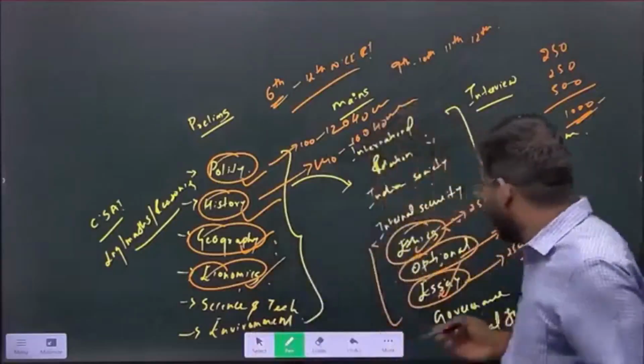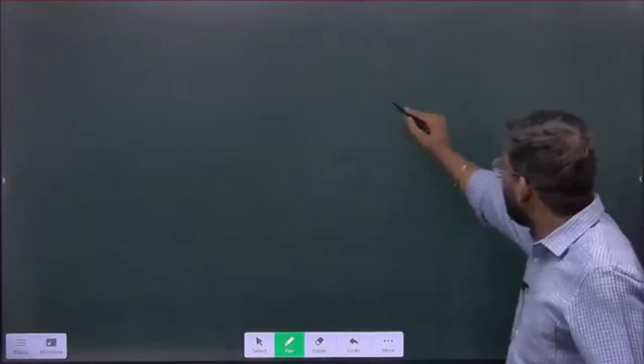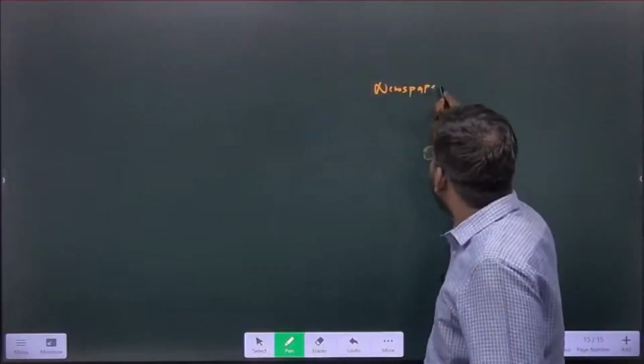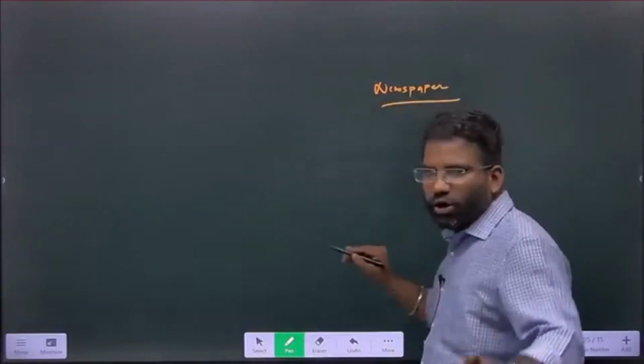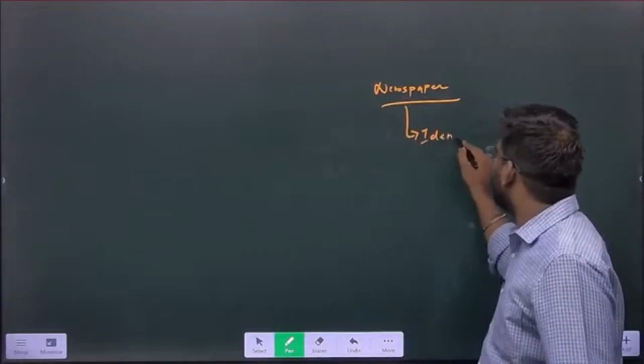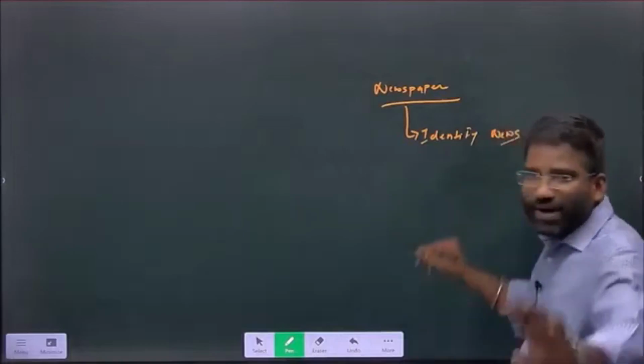So a very easy method of doing current affairs is, you take up a newspaper, and the next task is to identify the news which you have to read. How will you identify it?